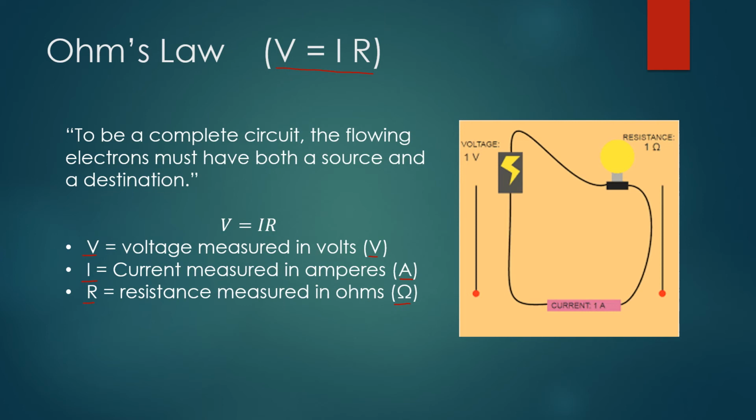All of these units are written on your equation sheet along with the variables so that you can remember which is which. Notice in this circuit we have the voltage at the battery, the current running through the wire, and then the resistor, which has a 1 ohm resistance right there.